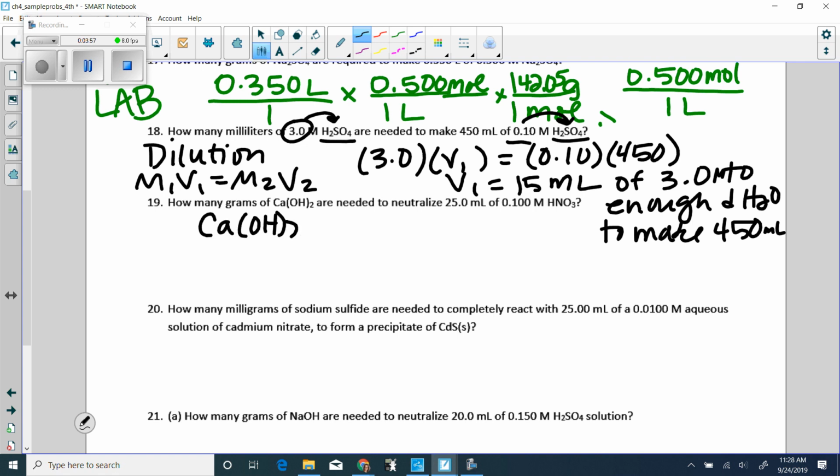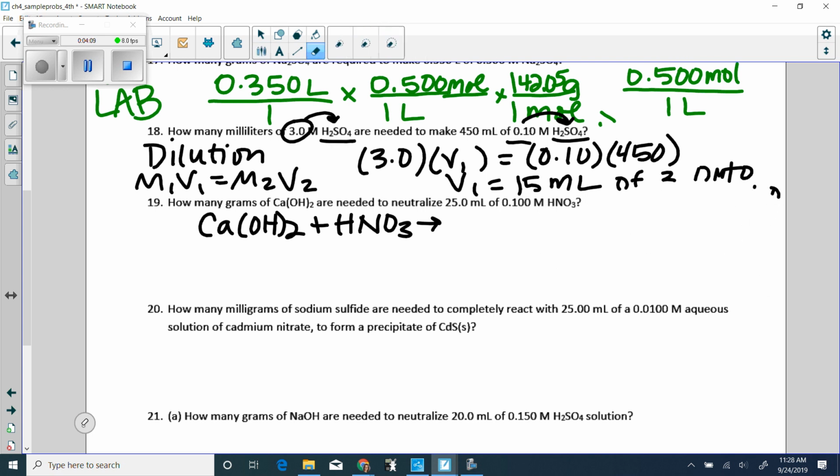Calcium hydroxide plus nitric acid equals. Can you finish it and balance it in 15 seconds or less?